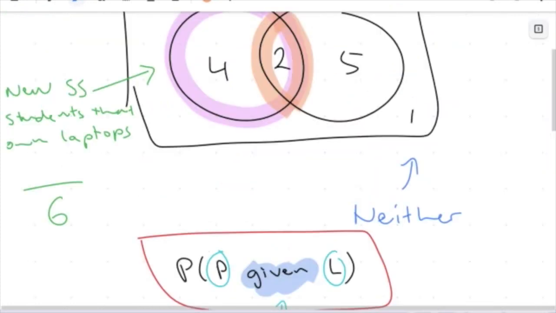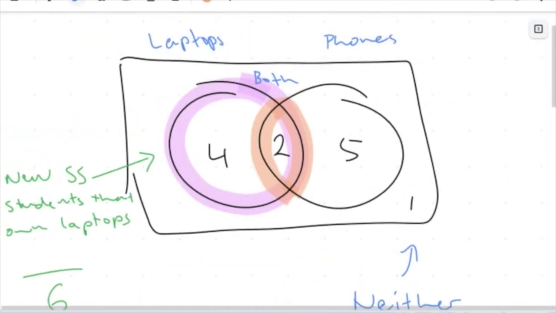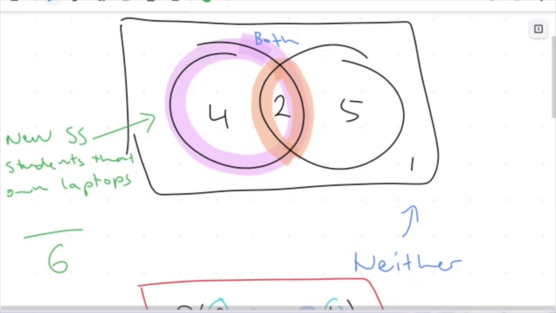And the ones that have phones but also have laptops, so out of that sample space of 6, how many also have phones? I'm going to be looking at just the intersecting overlapping point of 2. So I'm looking at 2 over 6, or I can simplify this to 1/3.